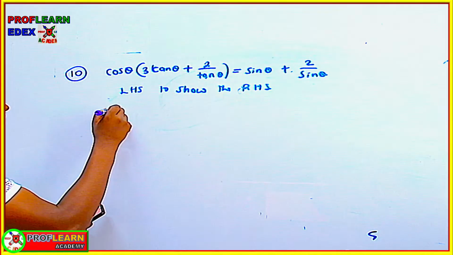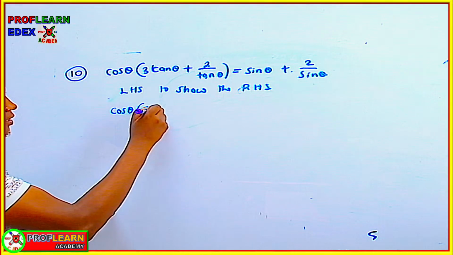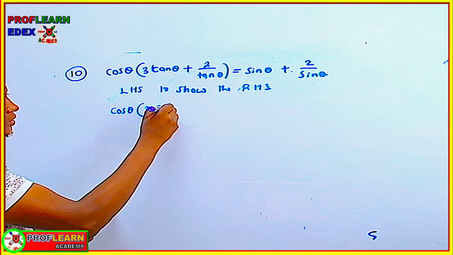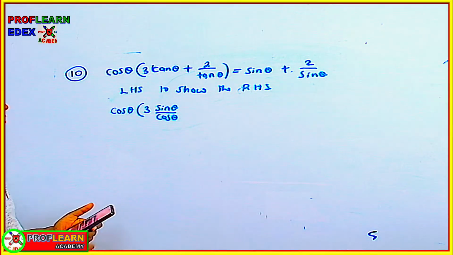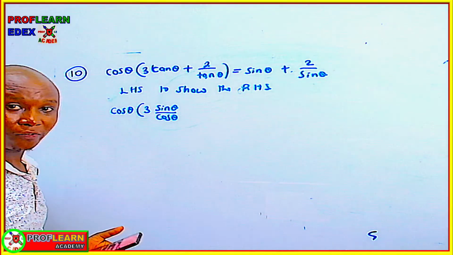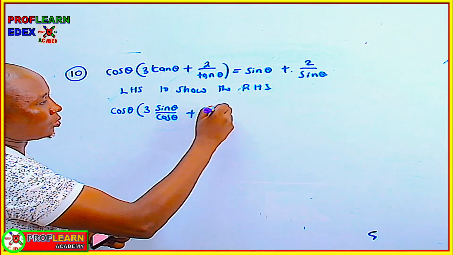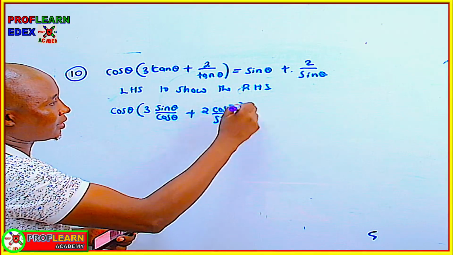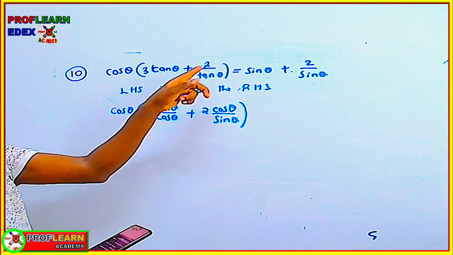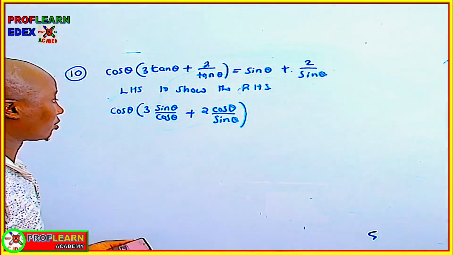So we can write this as cos theta into bracket 3 sin theta over cos theta, because tan theta can be written as sin theta over cos theta. And then we shall say plus 2 cos theta over sin theta, because this is 2 over tan, so I have to find the reciprocal of that.